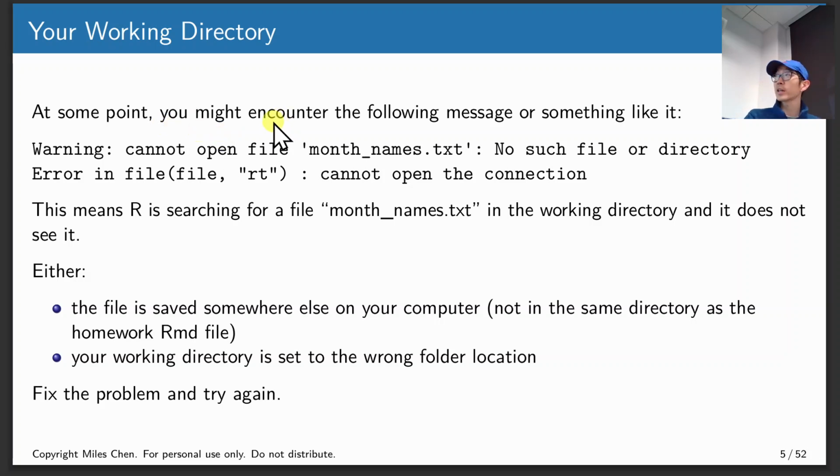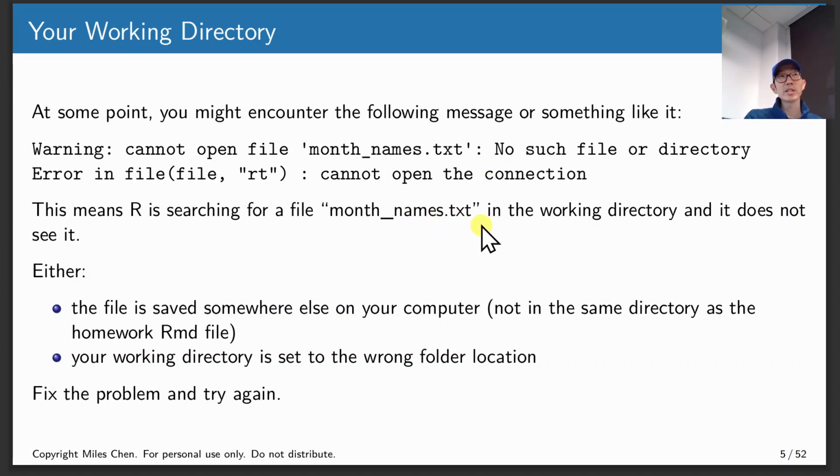So this is an error message that you might encounter. It'll show up in red text. Okay, it'll say something like cannot open file monthnames.txt. If you see this, that means it can't find the file. It's looking for this file because the instructions or the script calls for R to open up the file, and it can't find it.